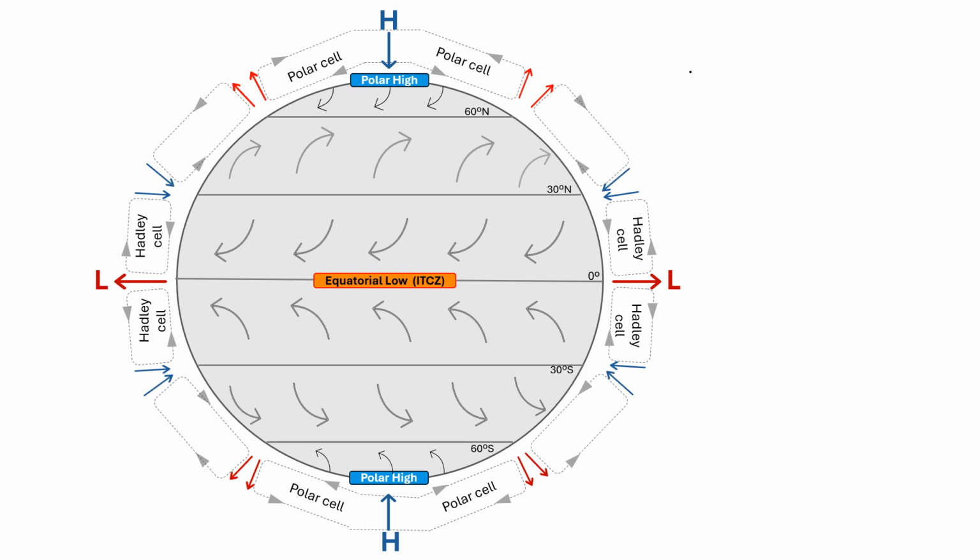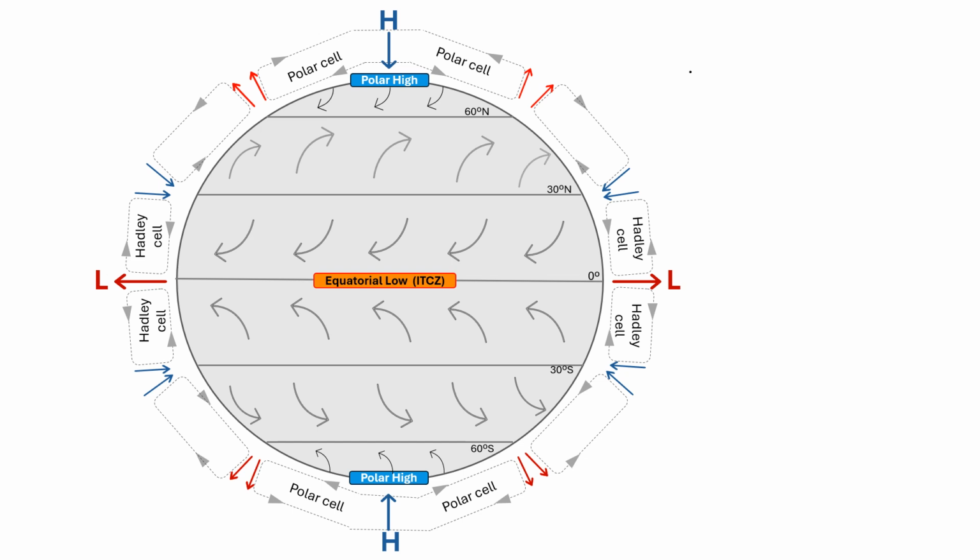When that surface air in the mid-latitudes moves poleward, right around 60 degrees north and south latitude, it is going to smack into that air from the poles that was moving towards the equator. And both air masses are going to be forced upward right around that 60 degree latitude mark.